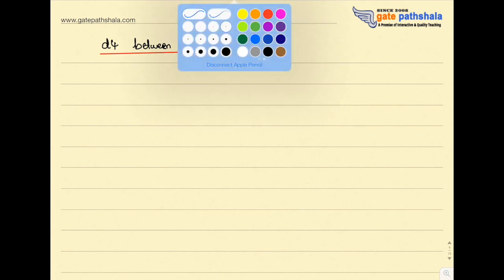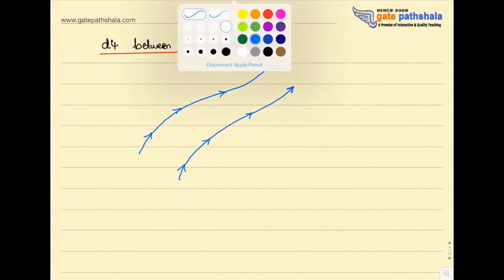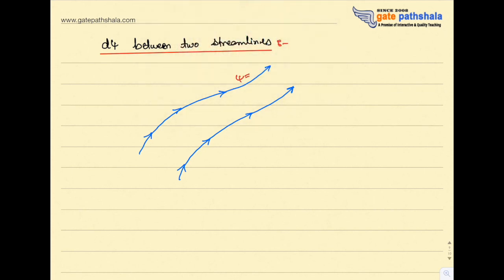So before I bring that up, allow me to draw two streamlines. Let's say I have two arbitrary streamlines. Obviously if I draw tangents to them, I must get the velocity vector, and along each streamline psi must hold a constant value. Let psi be a constant c along line 1, and let psi be equal to d along line 2.